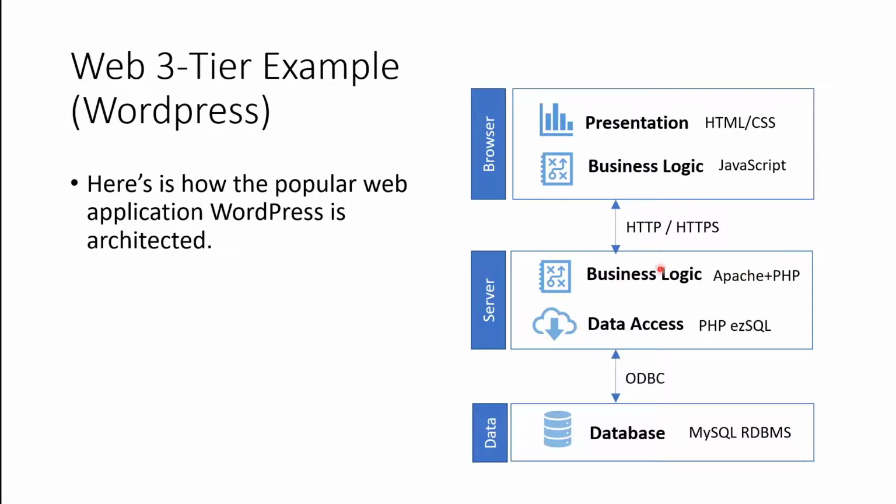And then the data logic talks to a database, and that database has the actual articles and the posts and the comments and all the things that people are saying about the particular blog article that's been posted on the website. And the data access layer is code that talks to the database.